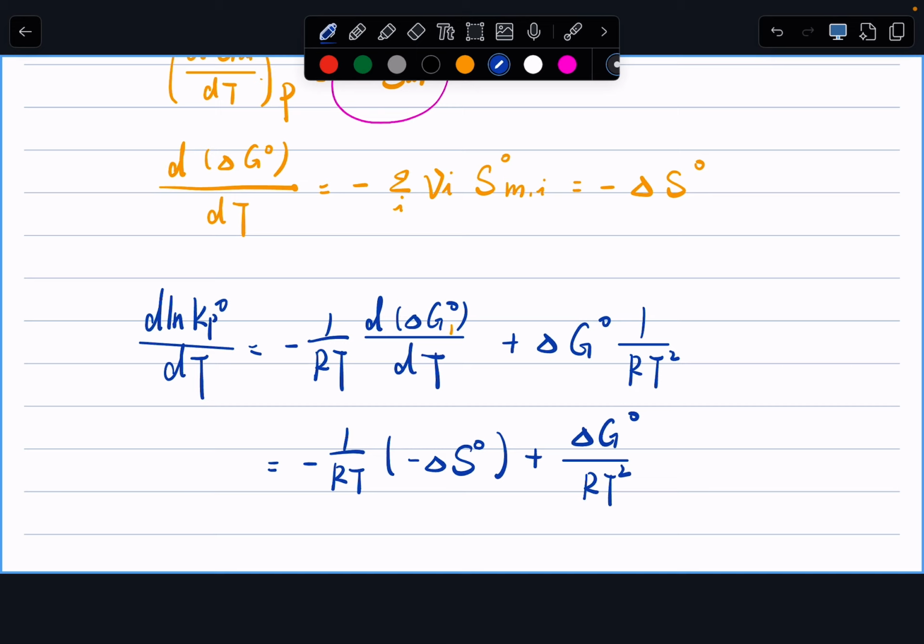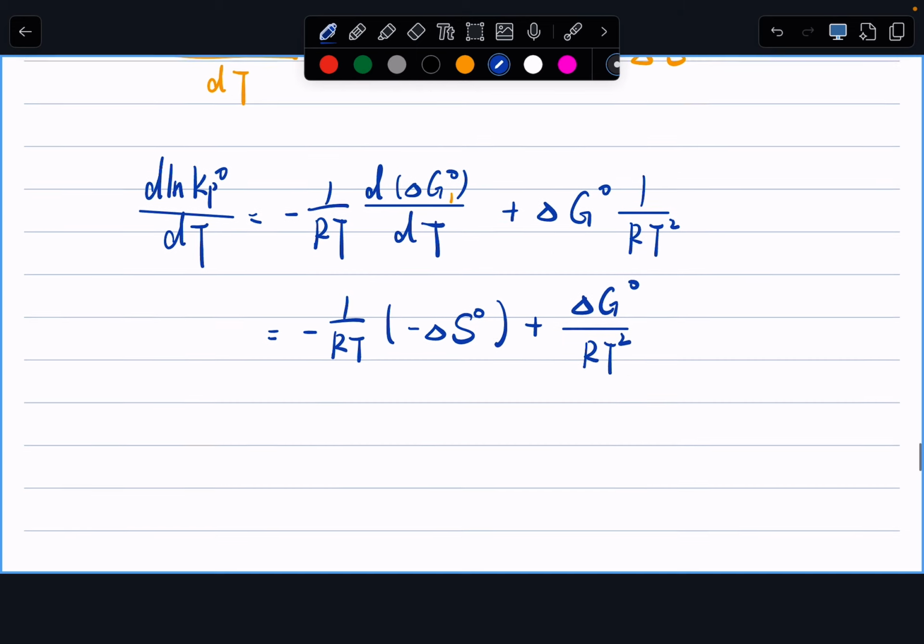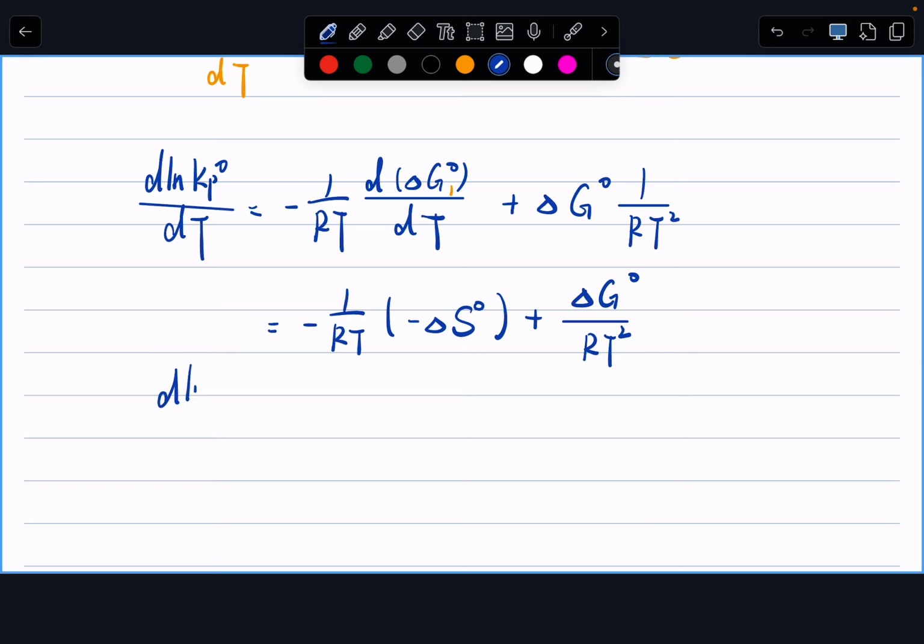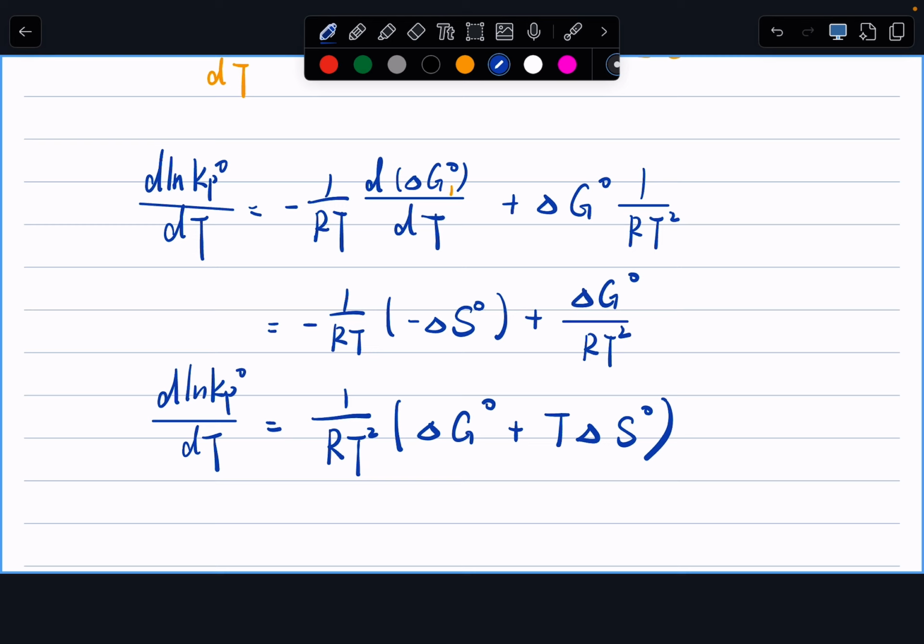If I take the 1 over RT squared out, what we end up getting is d ln Kp naught over dT equals 1 over RT squared times delta G naught plus T delta S naught.